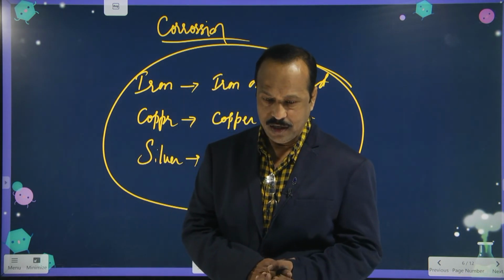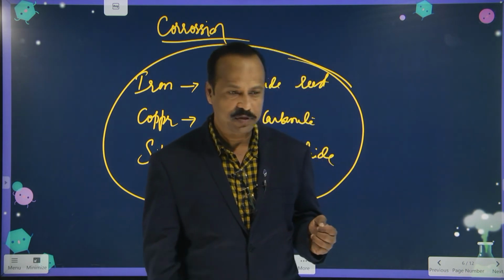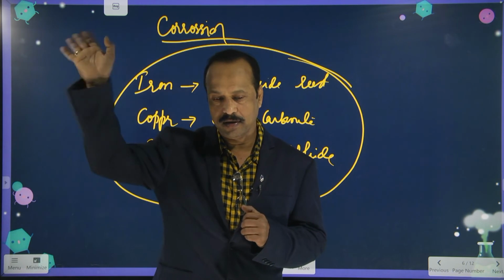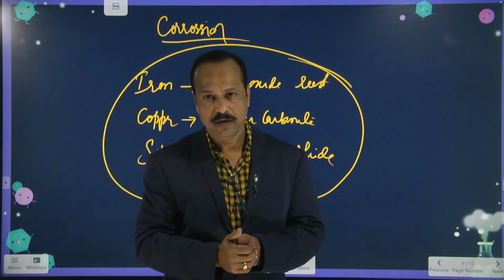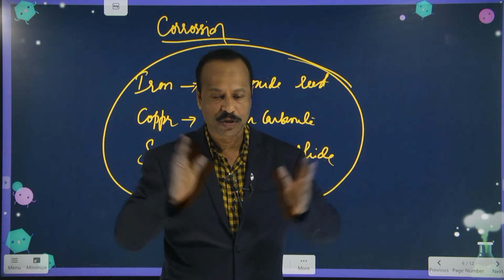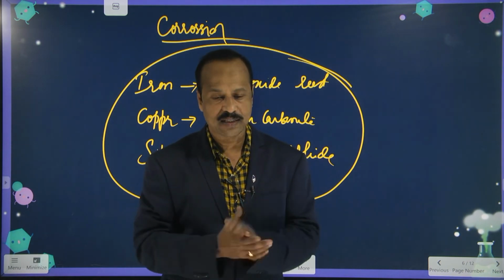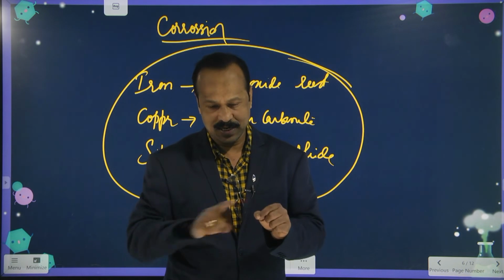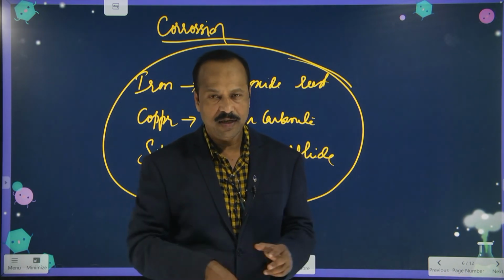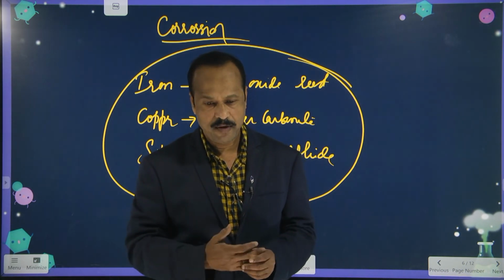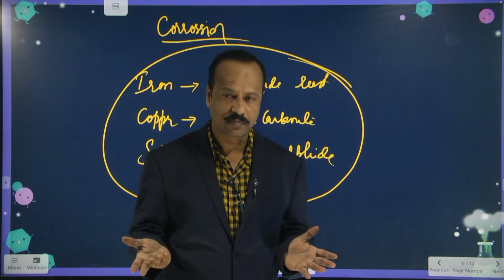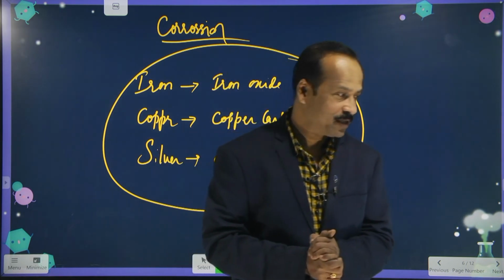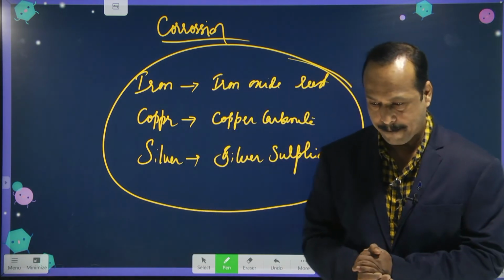If you take a 1 kg iron piece and keep it on the terrace of your house, due to rain, moisture and sunshine it reacts, and after 1 year it is all corroded and rust has formed. If you clean it and measure, it may be only half a kg or so. So it lost some mass, yes or no? That is called corrosion.